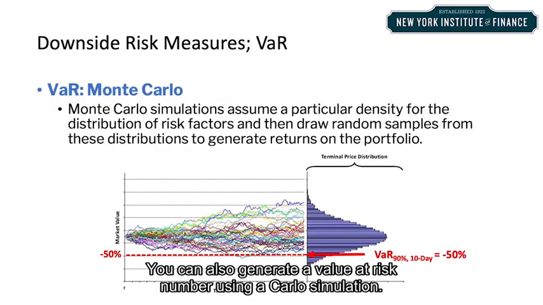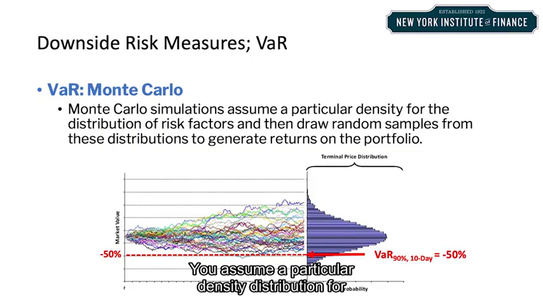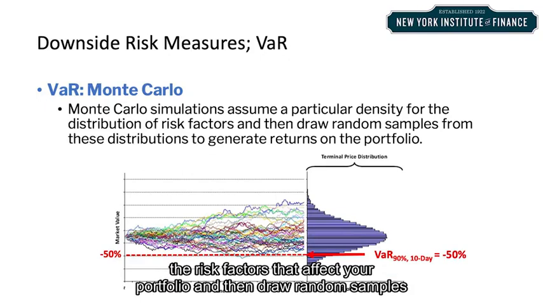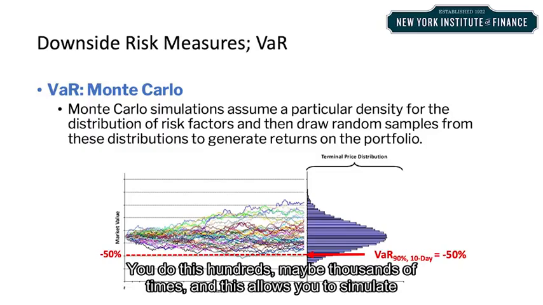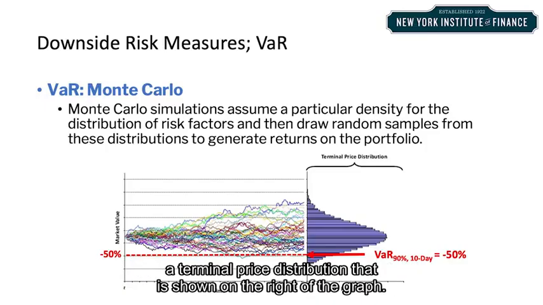You can also generate a value at risk number using a Monte Carlo simulation. You assume a particular density distribution for the risk factors that affect your portfolio and then draw random samples from these distributions to generate return paths for your portfolio. You do this hundreds, maybe thousands of times, and this allows you to simulate a terminal price distribution that is shown on the right of the graph.